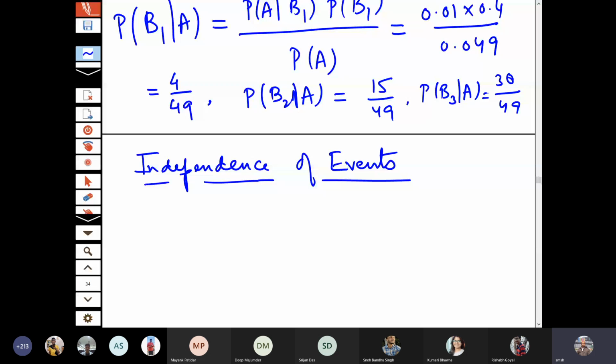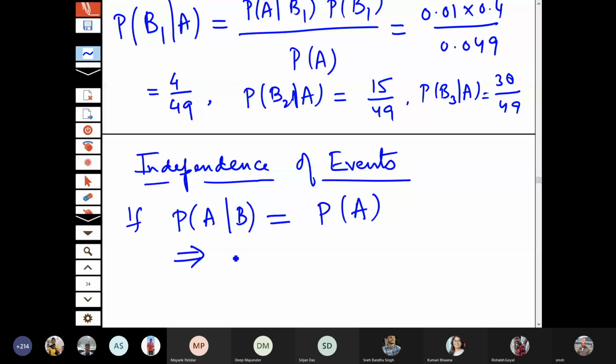Okay. Now we consider another thing, that is independence. It is equally important, like you consider conditioning, similarly there is independence. So if the conditioning has no effect, then we call the events to be independent. If the unconditional probability is equal to the conditional probability, then the two events are independent. That means if probability of A given B is equal to probability of A, then what does it mean?